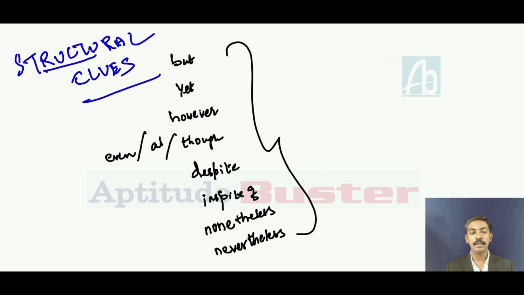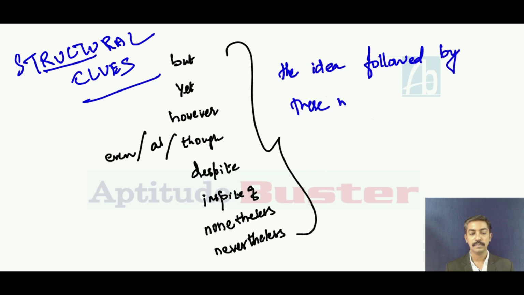When you come across any of these words in a sentence: but, yet, however, though, even though, although, despite, in spite of, nonetheless, or nevertheless, please note the idea followed by these words will oppose or contradict the main idea.